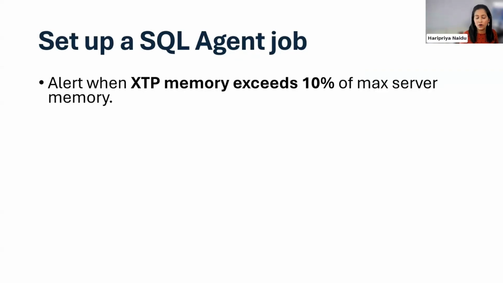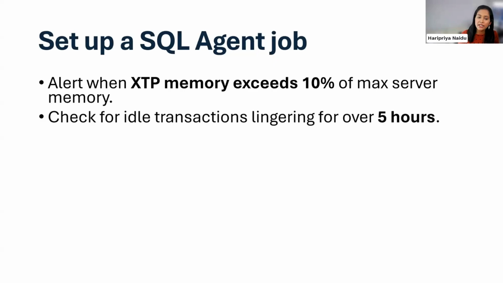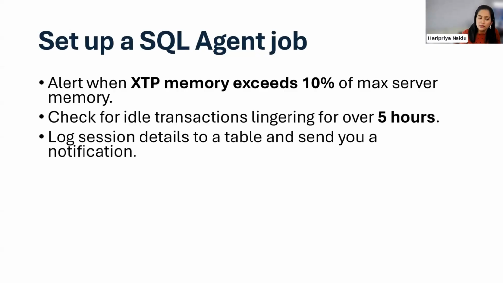Along with that, if there are any open sleeping transactions lingering for more than 5 hours. These are the two conditions. Whenever any process or transaction satisfies these two conditions, that process will log the session details to a table and send me a notification.